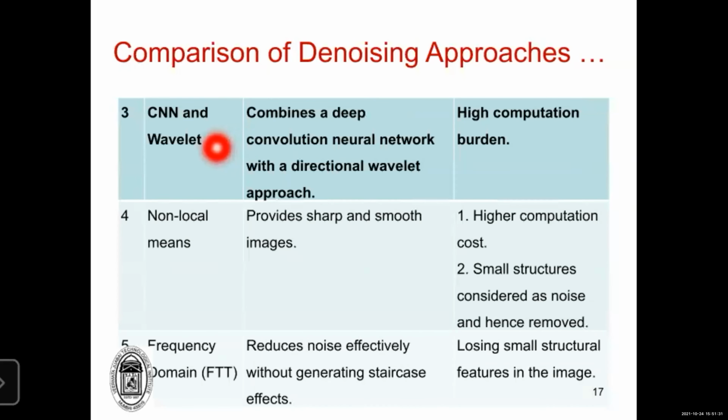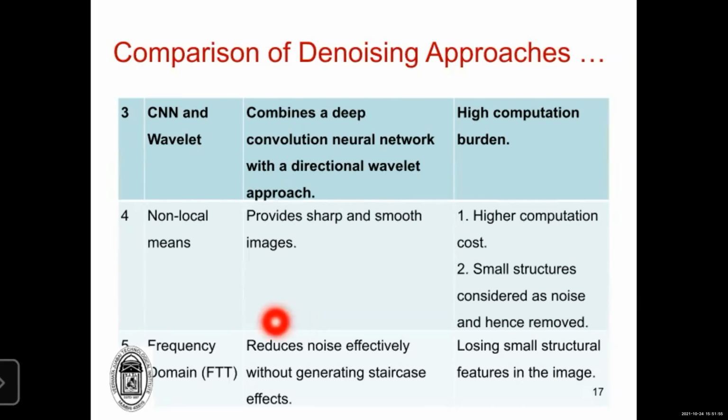The third technique, CNN and wavelet, combines a deep convolutional neural network with a directional wavelet approach, but again it requires a lot of computations. Non-local means provides sharp and smooth images, but it also requires a lot of calculations, and small structures are considered as noise and hence removed. That is also a disadvantage of this one.